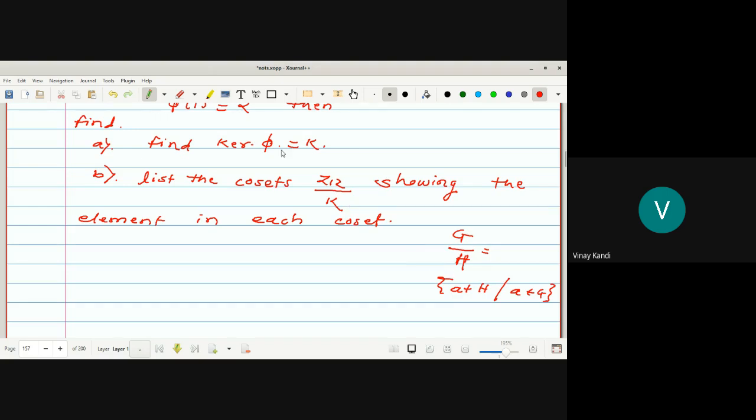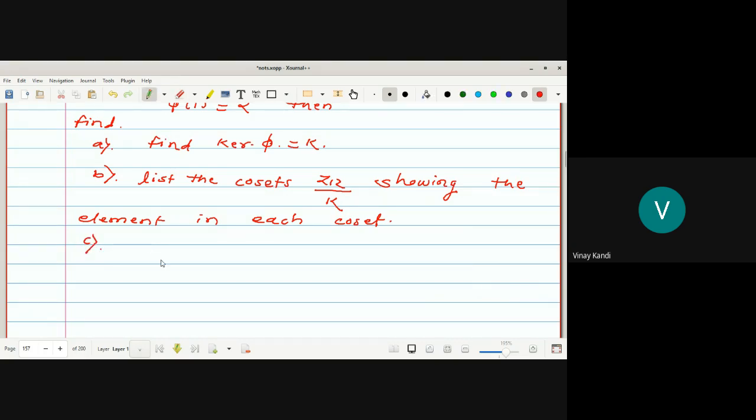Kernel phi is always normal in G, so here K is normal in Z12, so we have to find the cosets of K in Z12. Then define the set.